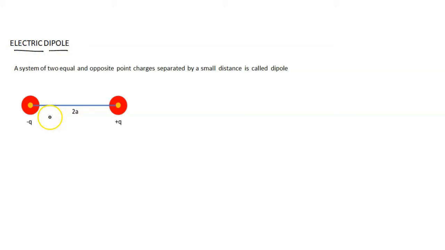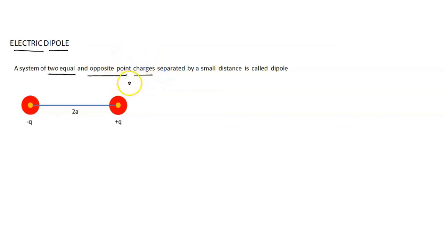So what do you mean by electric dipole? If we have two charges which are opposite, that is, if we consider minus q, then the other charge must be plus q. A system of two equal and opposite point charges is called a dipole. We already know what a point charge is.